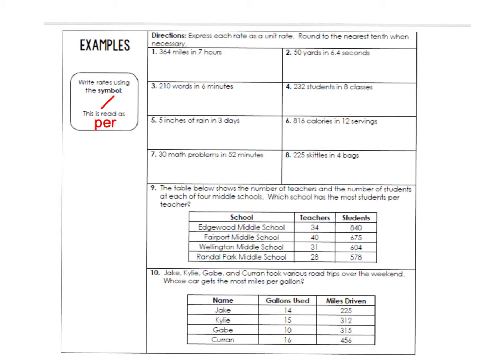So let's do some examples. We're just going to do rates, but then we're going to show it as a unit rate, and we read it as something per the other thing, okay? So that you've got it. So let's go ahead and do 364 miles in 7 hours, and I want the denominator, the bottom number, to be 1 so that it's so much per hour.